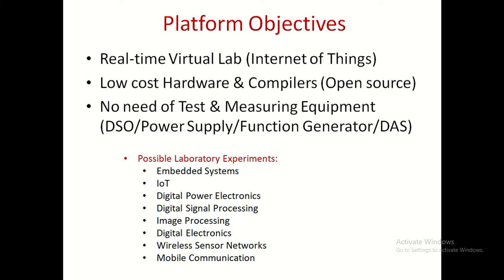Though we are demonstrating this for a closed loop control system, this can be further extended. We can also develop for other domains like embedded systems, IoT, digital power electronics. We already developed 3 platforms for digital power electronics for a larger system.